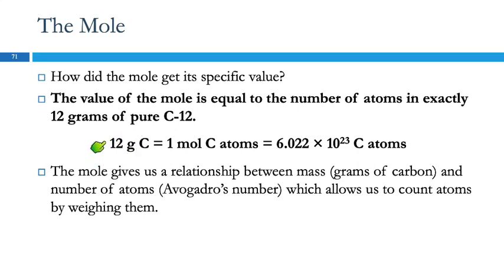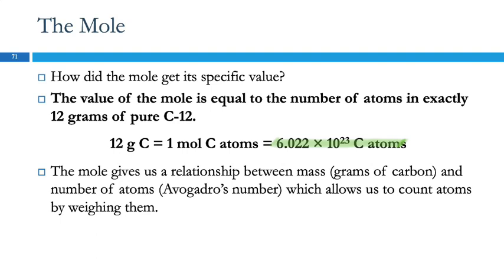So 12 grams of carbon is equal to 1 mole of carbon atoms. 1 mole is always 6.022 times 10 to the 23rd things. We usually leave off the 14 because 4 sig figs is good enough. That's a good number to memorize because it comes up a lot.